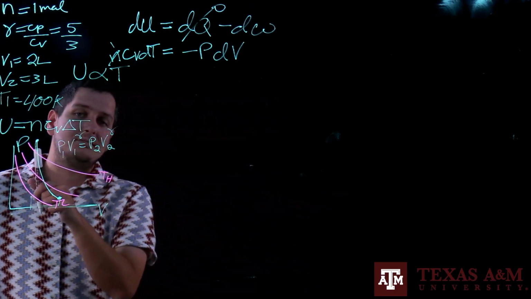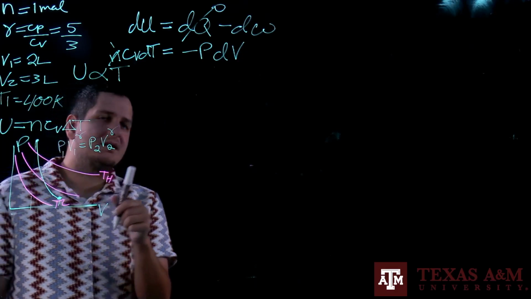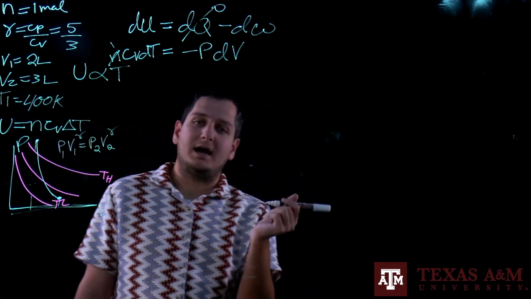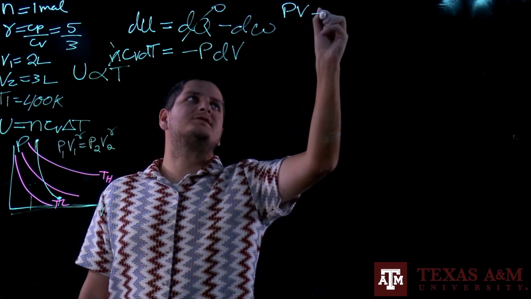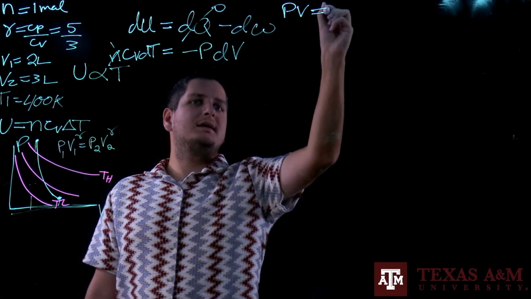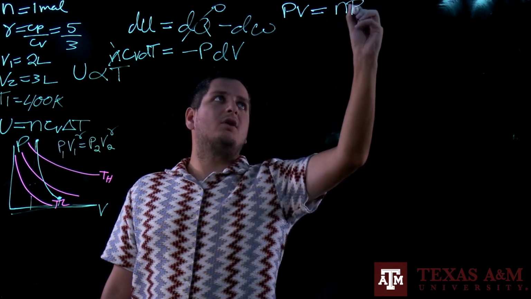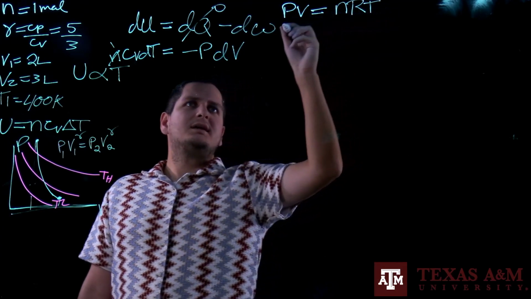You see here, P does change, but how does it change? I know that this is an ideal gas. The equation of state is PV is equal to nRT.